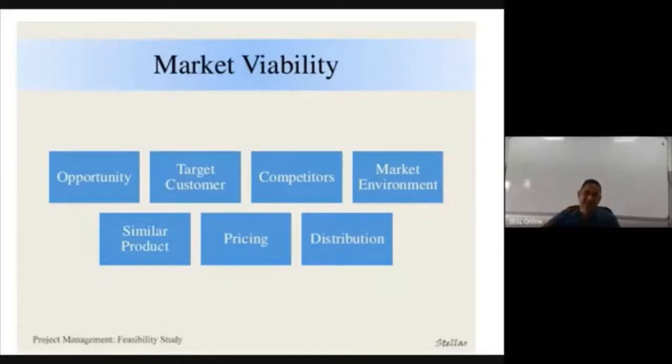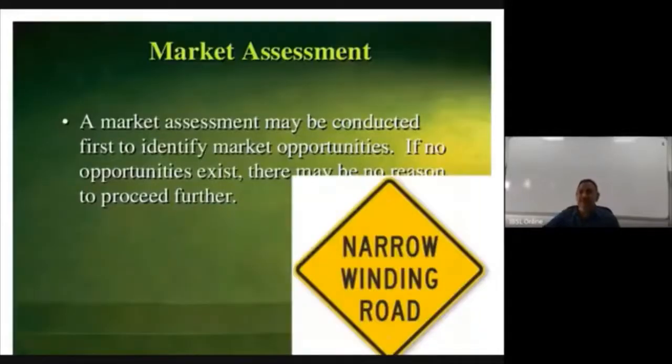Where the market is established, how the product is distributed. All these factors are needed for a banker to look into, finally, whether surplus cash can be generated from a proper sales market. Market has to be assessed first to find market opportunities. If no opportunities exist, there may be no reason for proceeding any further. If the market is saturated or the market is no more there, it is pointless spending money to invest in that particular product.